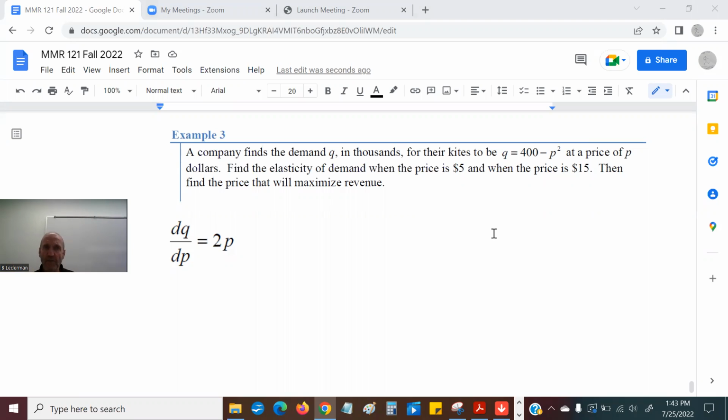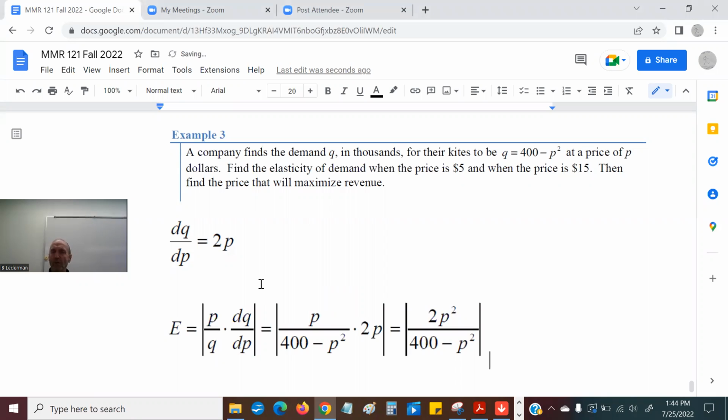And now we can easily figure out E. E is very simple. E is just P over Q times dQ/dP. Well, P is just P. Q is 400 minus P squared, which we're given. 2P is the derivative that we figured out.